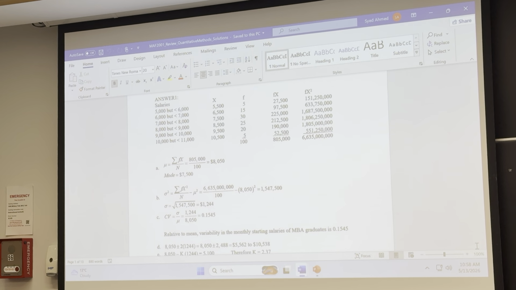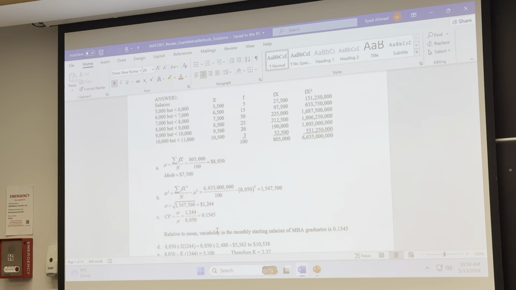Now, the next question is, calculate the coefficient of variation and make an interpretation of that. I mean, interpretation is what? Relative to mean variability in monthly starting salaries of MBA graduates is 0.1545. Okay. So coefficient of variation is a measure of risk, measure of volatility, measure of variability in relation to the mean.